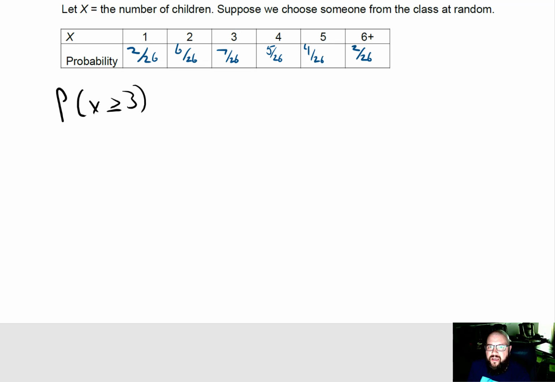So we're going to be looking at these values right here for our probability, right? So with that one, the probability that it has at least 3 and more, right? So to describe that, that's what we'd be saying.